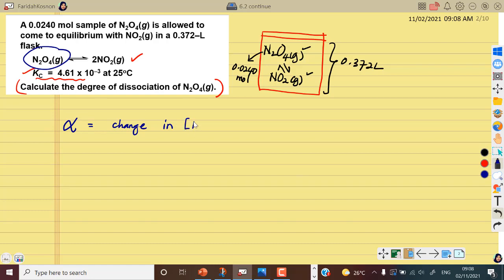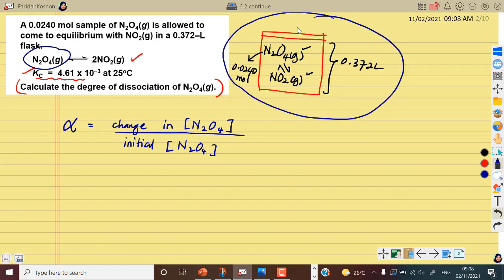N2O4, divided by initial concentration of N2O4. So kalau you tengok kepada gambar rajah sistem yang saya lukis ini, saya memang tak ada concentration tu directly, but I have the moles of N2O4 and I have the volume of the flask.